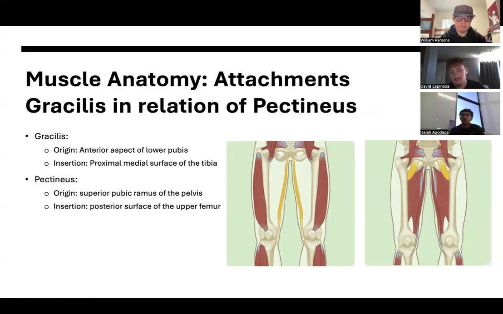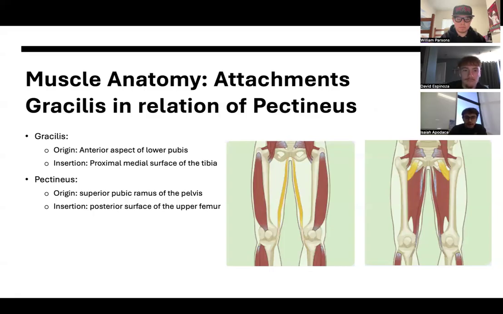So for the gracilis, the insertion, or the origin, excuse me, is going to be the anterior aspect of the pubis. As you can see in this first picture to the right, it connects to that front side of the pubis, and then it runs all the way down to the medial surface of the tibia.